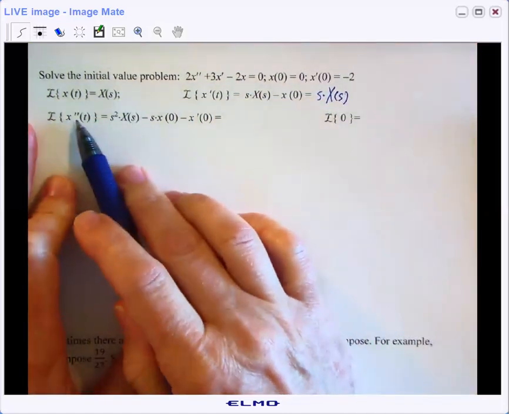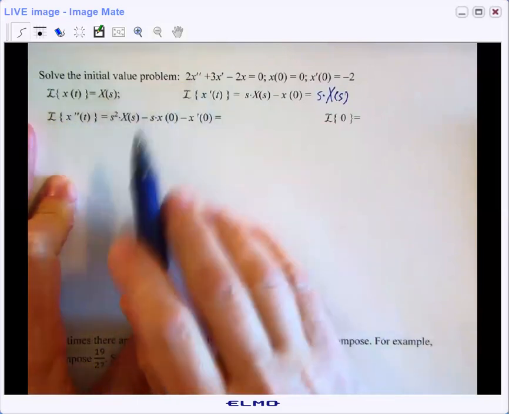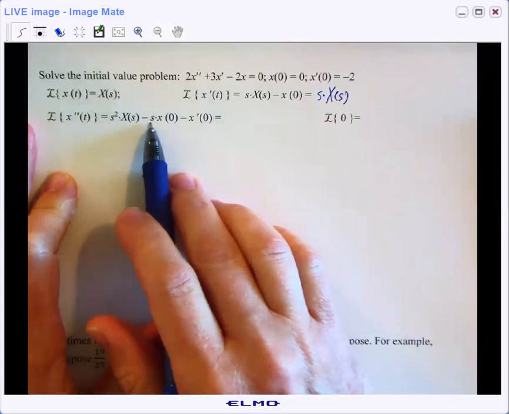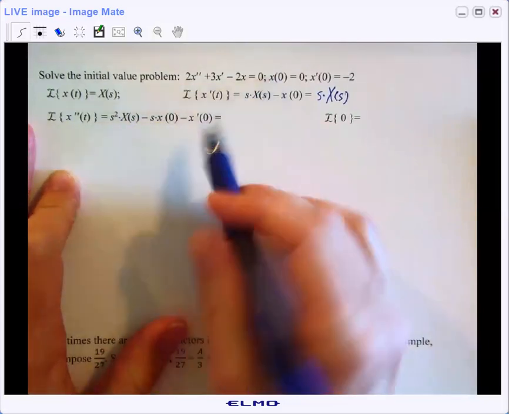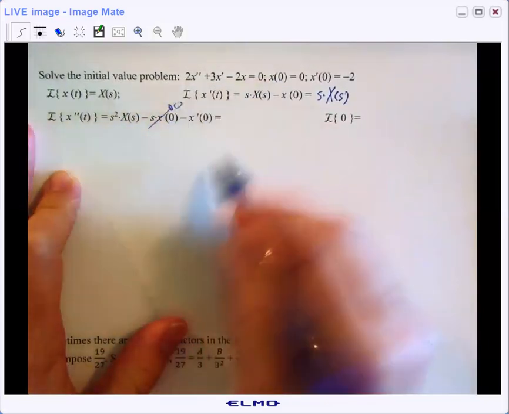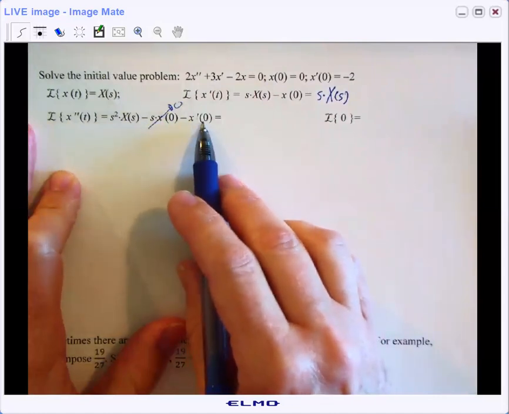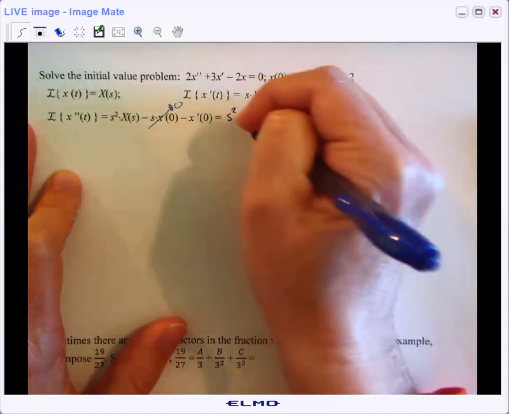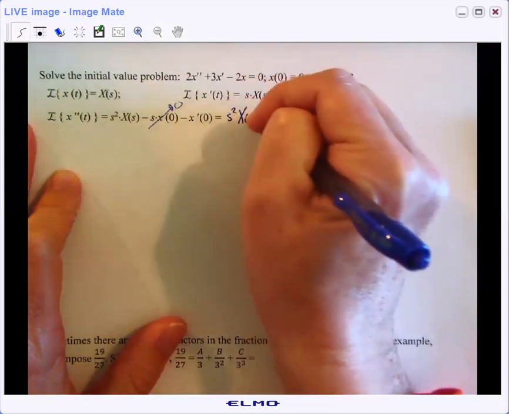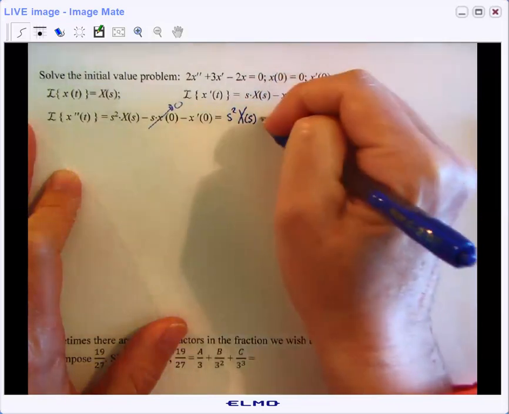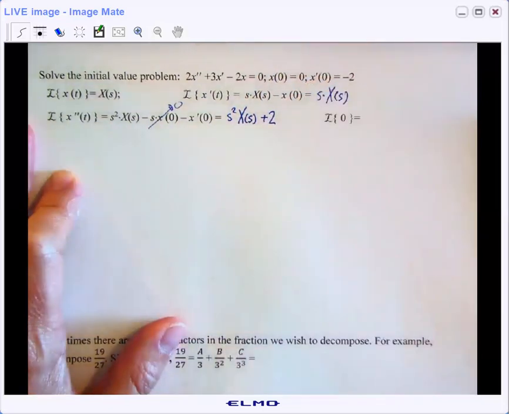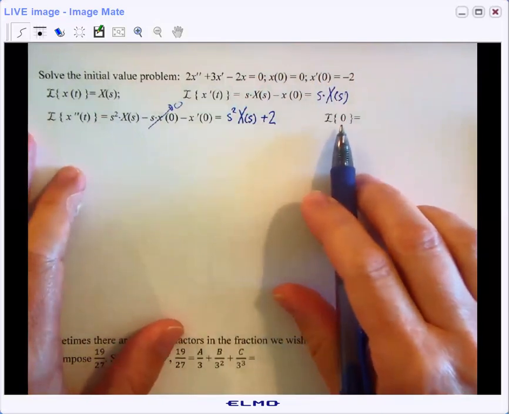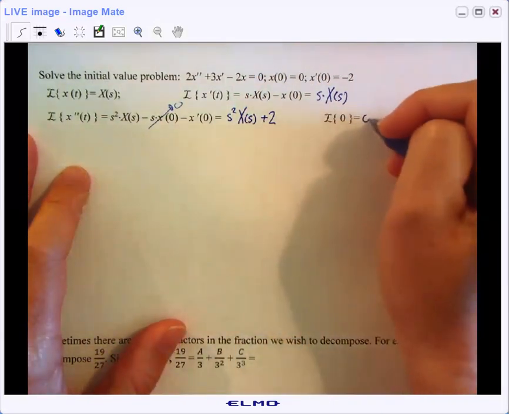And the Laplace transform of x double prime, which is as far as we need to go, is s squared capital X of s minus s x of 0, which is 0, minus x prime of 0, which is negative 2. So we'll get s squared capital X of s minus a negative 2, which is plus 2. And our Laplace transform of 0 is 0.